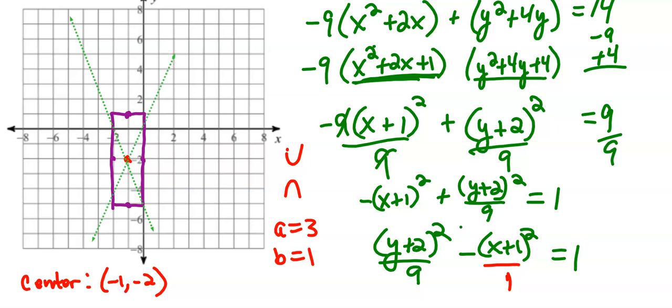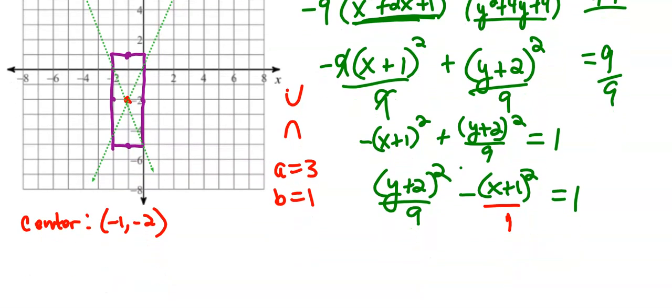And then from there we can identify our vertices. Vertices are at -1, 1, and -1, -5. And let's not forget our asymptote equations.